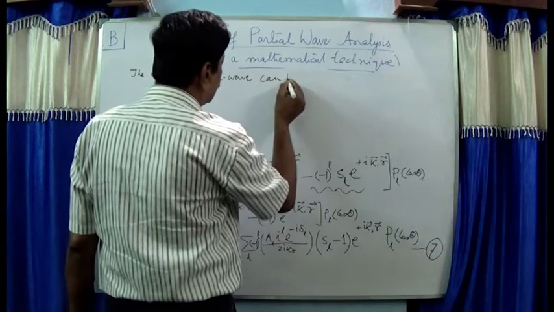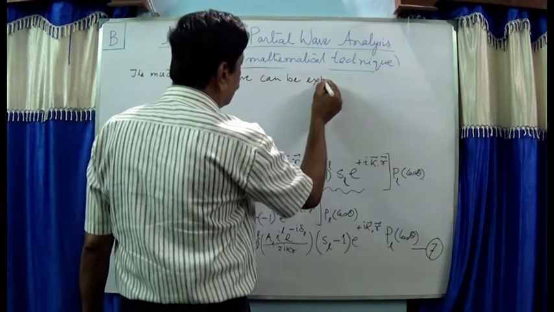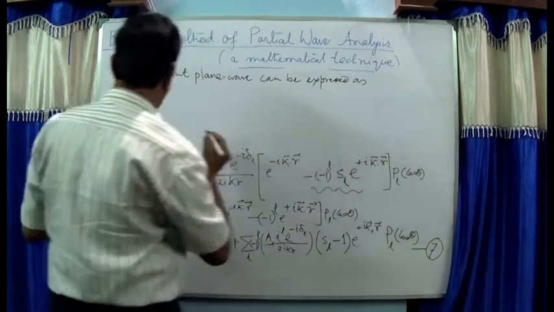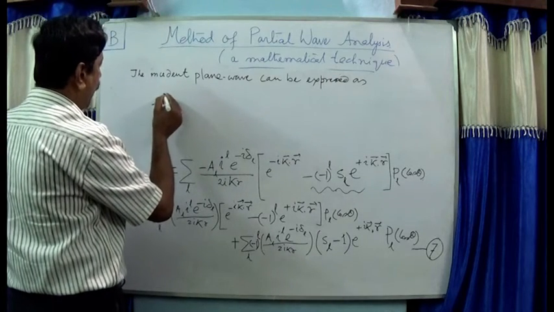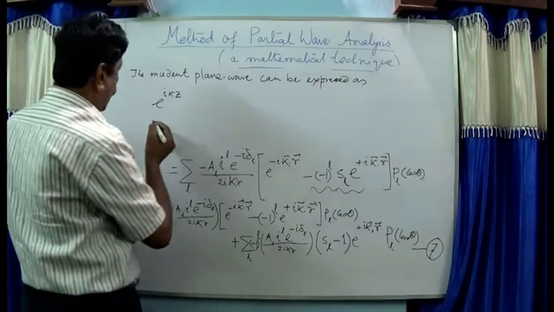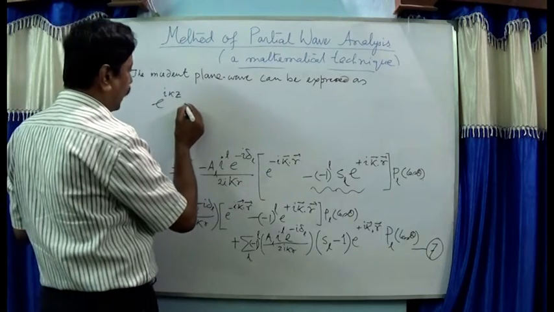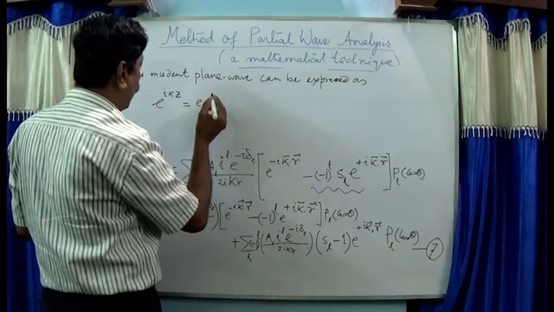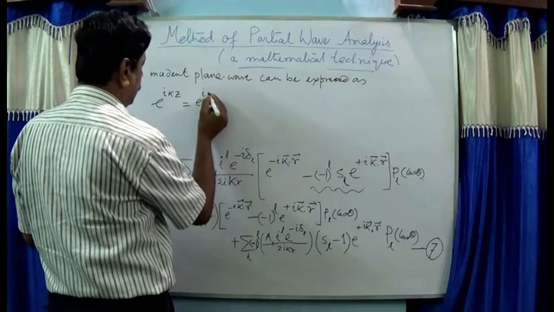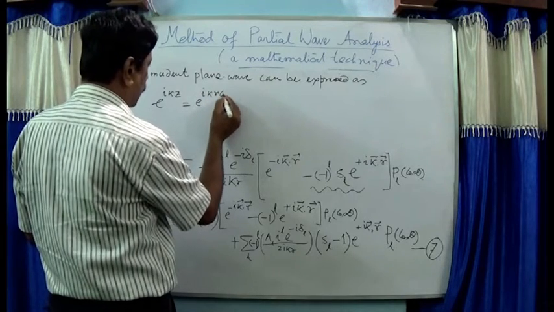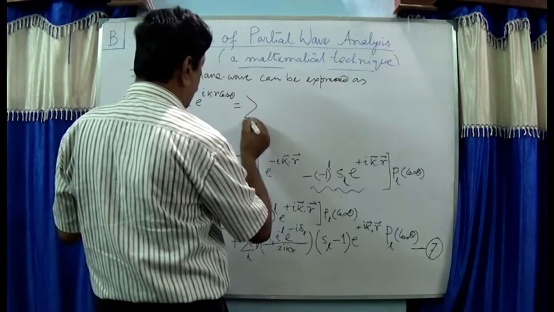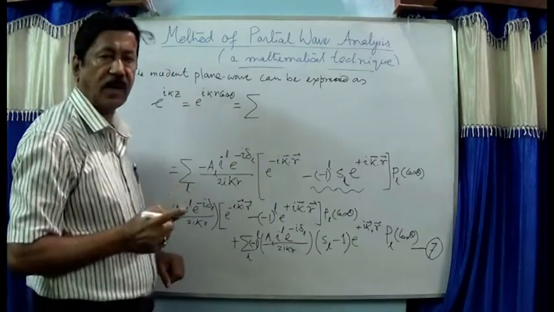The incident plane wave can be expressed as e to the power ikz, as we have taken the incidence along the z axis. e to the power ikz means e to the power i k r cos theta. Now this can be written in terms of the angular momentum eigenfunction.